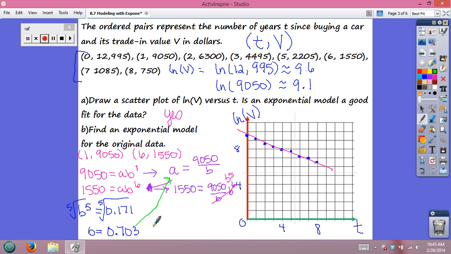We will get a is equal to about 12,880. Okay, so we have our a value, we have our b value. They want the exponential model, so we plug it in. y equals 12,880 times b, which is 0.703, to the x power. And that is our exponential model.